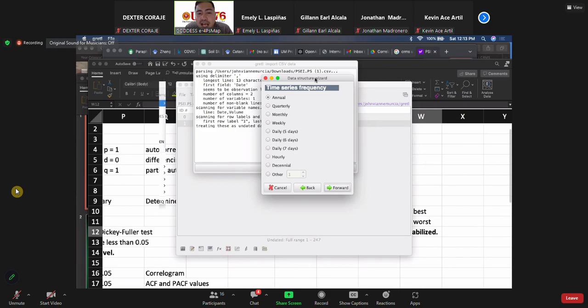What I used here is daily time series. Remember, we removed the null values, so maybe there would be a difference in the dates. Nothing can be done about that, because we should have evenness in our time horizons. So, since trading happens Monday to Friday, I'll click daily, 5 days, and then forward, and then you set the time. Okay, so it's monthly. Okay.